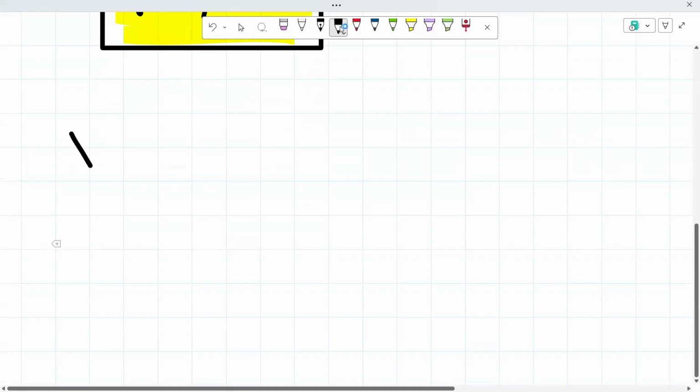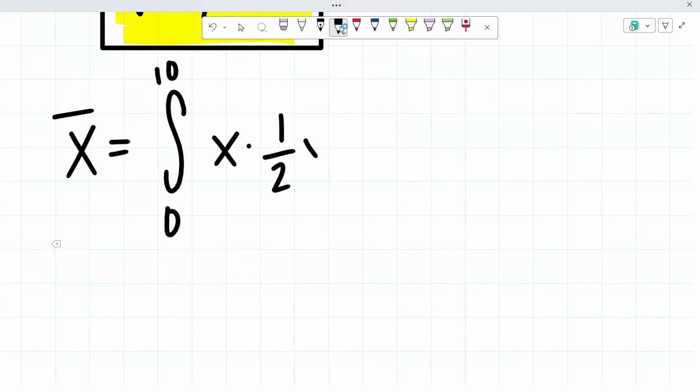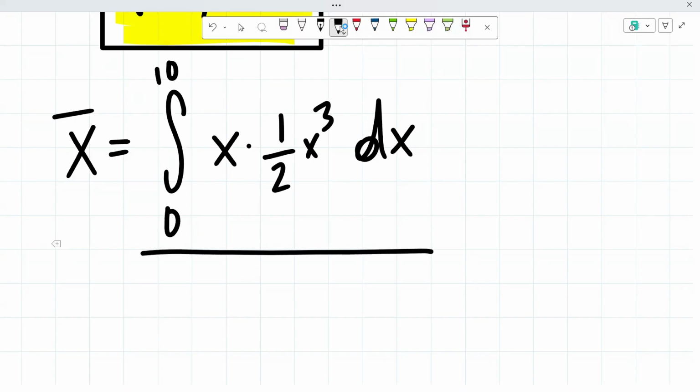To find the location, we will use the equation, the integral again from 0 to 10 of x times, once again, our function, 1/2 x^3 dx, all over our resultant force.